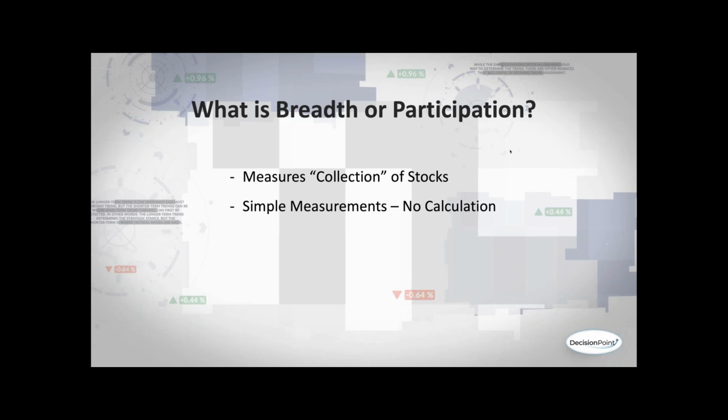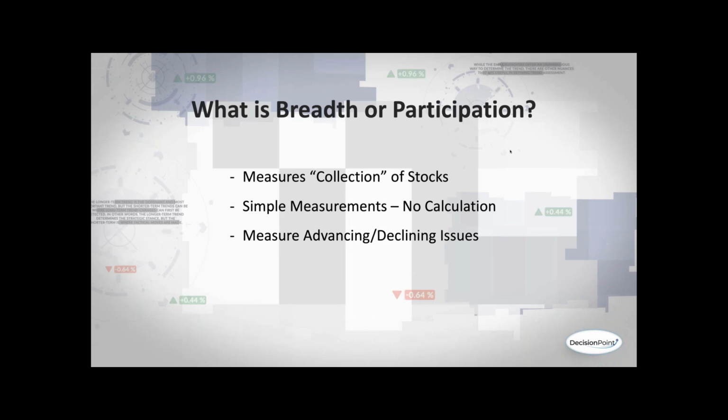Now you can, of course, switch around those indicators and make it a little bit more complicated. For example, I know the McClellan oscillator is often considered a market breadth indicator. I don't consider it that. For me, market breadth is all about simple measurements, just knowing what one stock is doing in relationship to the other, relative strength in a way.